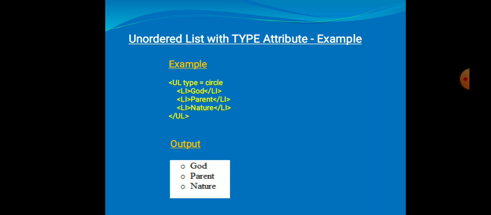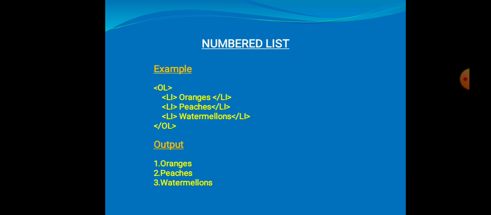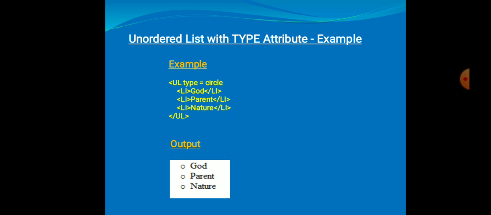Now we are going to see the type attribute, which can be used both in unnumbered list as well as numbered list. First we are going to see how the type attribute can be used in an unnumbered list, that is, an unordered list. Here I didn't mention any type attribute, only UL is there. But here I have specified UL type is equal to circle.